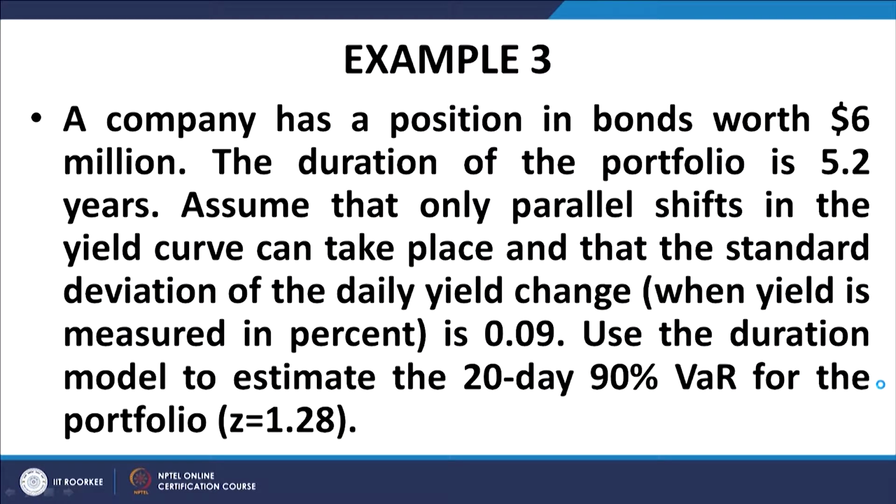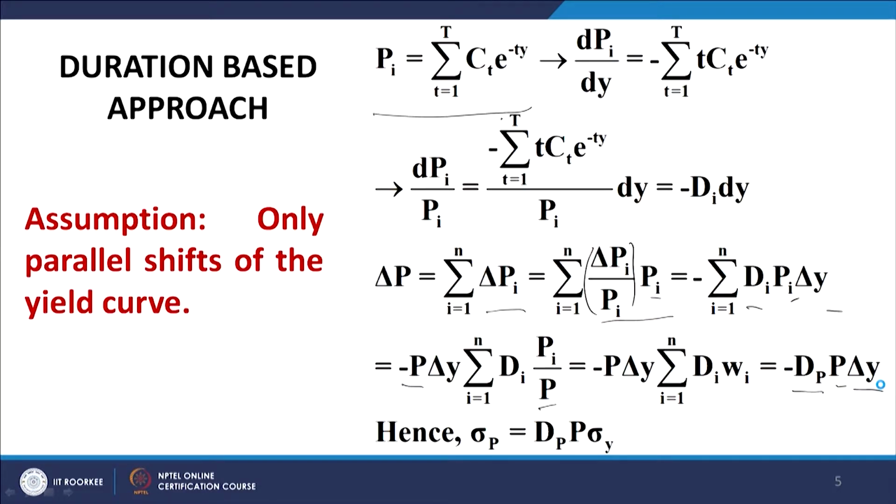Before I move to an example, there is a very important assumption here. I must emphasize that assumption. My portfolio will consist of a number of bonds. These bonds will more likely than not have different maturities, and therefore be influenced by spot rates of different maturities.